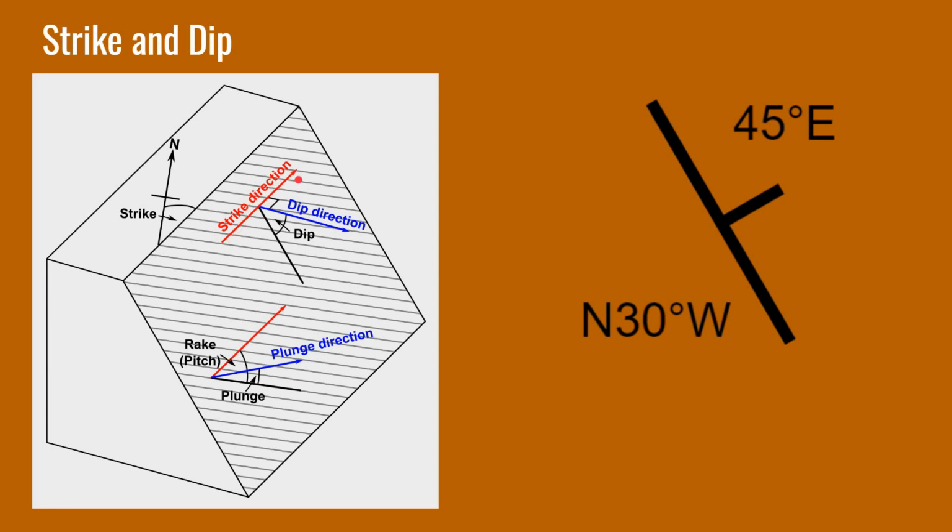So your strike is completely horizontal, and once you find that horizontal line along your rock layer, you compare that to north. That is your direction, that's your angle. Then you draw a line perpendicular to that, that's your dip line or your dip direction.